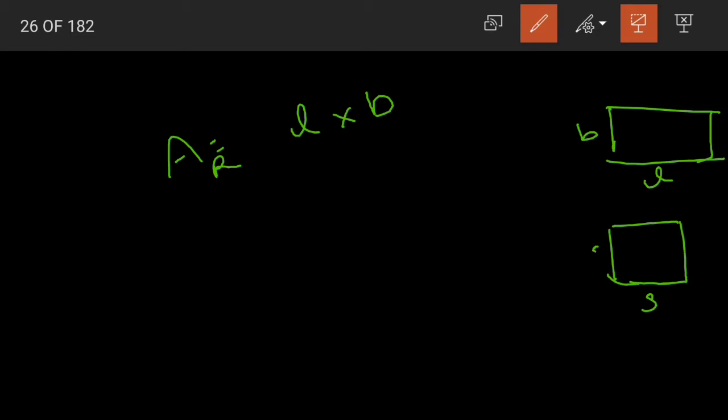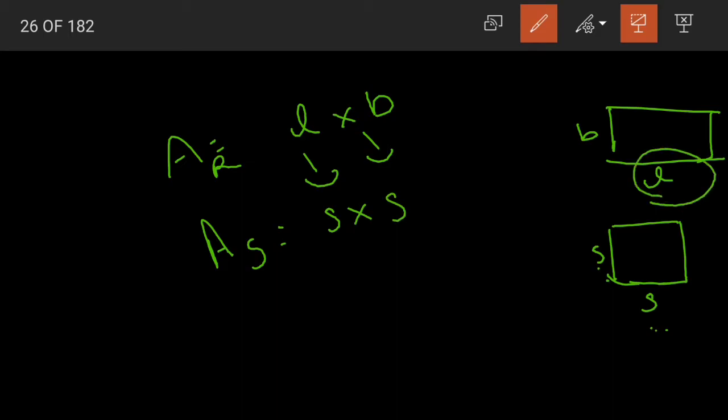There is no length and there is no breadth. So everything is a side only. So for the area of a square, length becomes a side and breadth also becomes a side. Instead of length we are having a side, instead of breadth we are having a side. So for the area of a square, the formula becomes side into side.